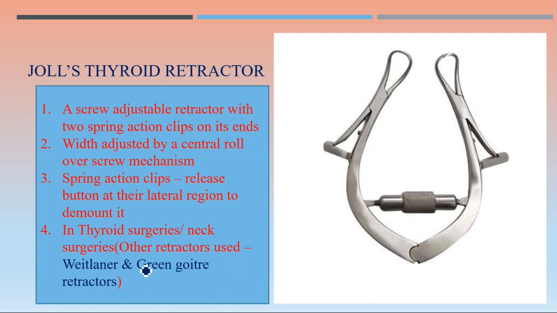Just to have an idea and a few important points, this is how a Joll's thyroid retractor looks like. It is a screw adjustable retractor. Here you can see this screw.